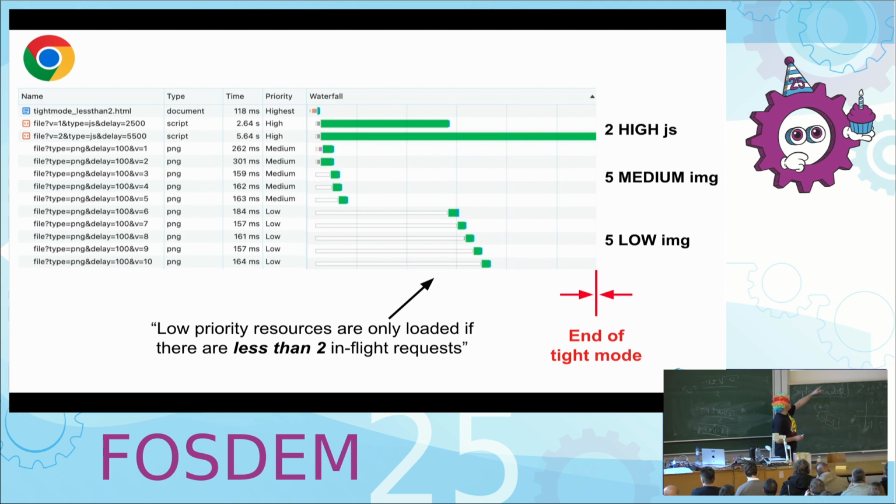So what you have from the point that the first JavaScript completes, there's only 1 high priority resource in flight, that JavaScript. Which means we can now start loading 1 lower priority resource as well, which is that first image. So that one gets done. Again, a slot opens up for low priority images, the next one, the next one, the next one, and so on and so forth, until tight mode is done. Right, so that's what that second sentence means.